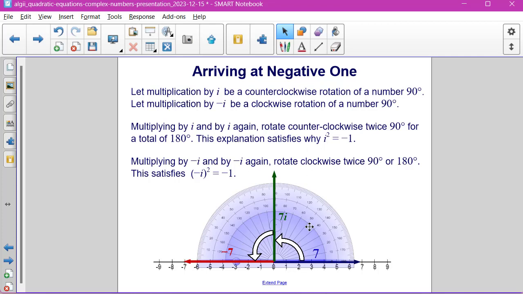That explanation explains why i squared is equal to -1. And multiplying -i by -i again will rotate our arrow clockwise twice, 90 degrees, and then 180 degrees, which brings us back to -7. So this satisfies that (-i) squared is equal to -1.